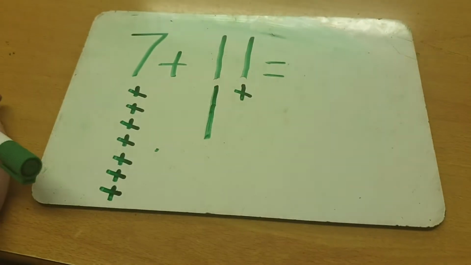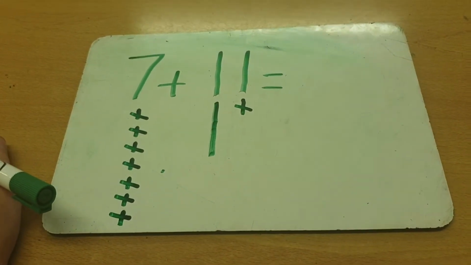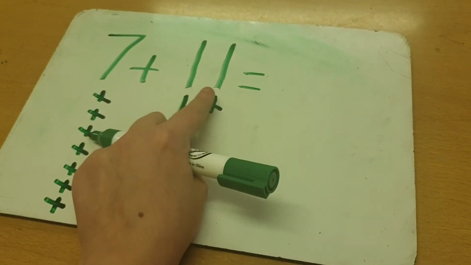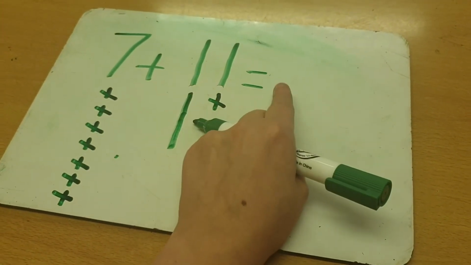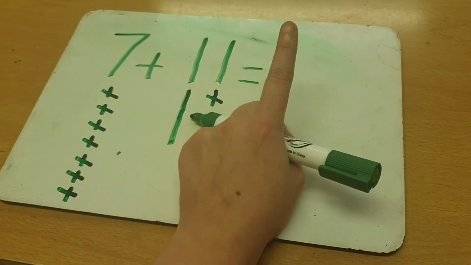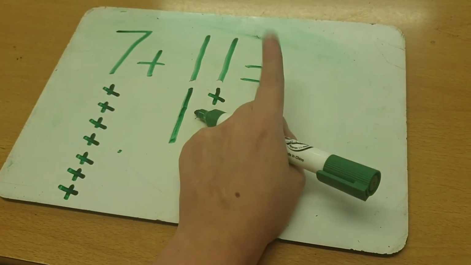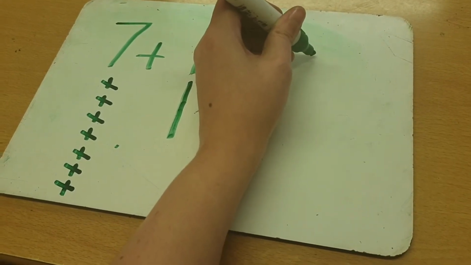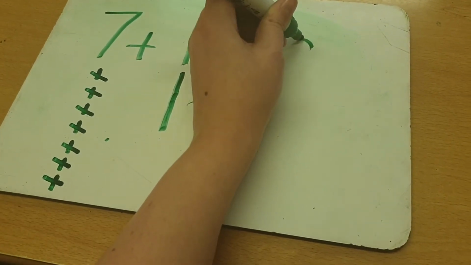I have got 8 ones. So I'm going to write the answer here. Now remember, because we've got a 2-digit number, I'm going to have to leave a gap for the tens because the tens always comes before the ones number. So I'm going to leave a tiny little gap and then write the number 8. Well done, because I've got 8 ones.